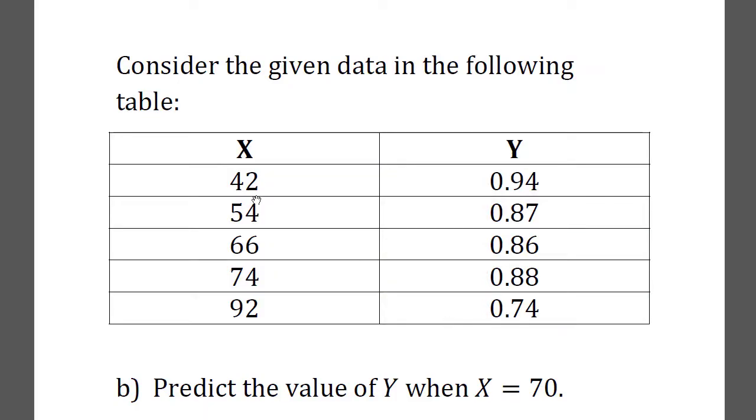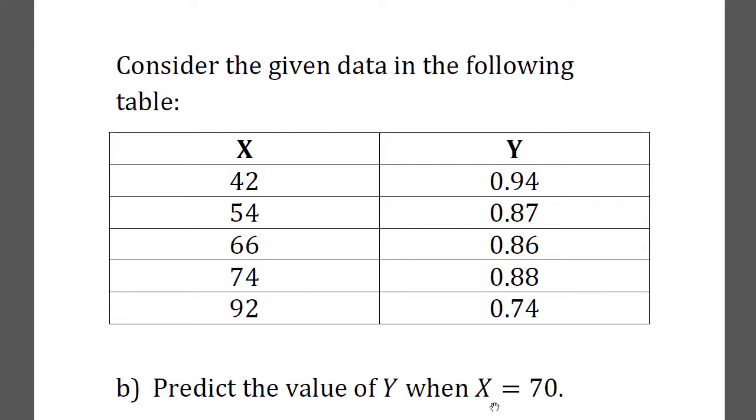And now the same data here, the next question being brought up is let's predict the value of the y variable when x equals 70. Remember from the lecture that the entire purpose of coming up with the best fit line equation is to predict values. So here in question B of the current example, we are going to predict the value of y.